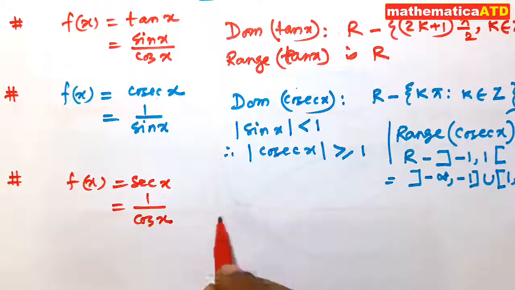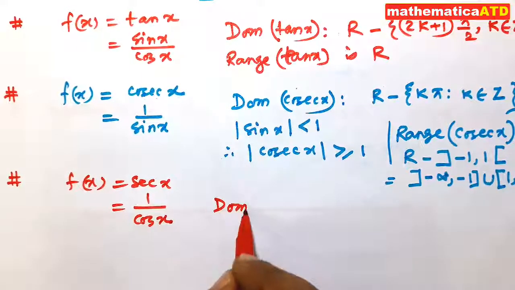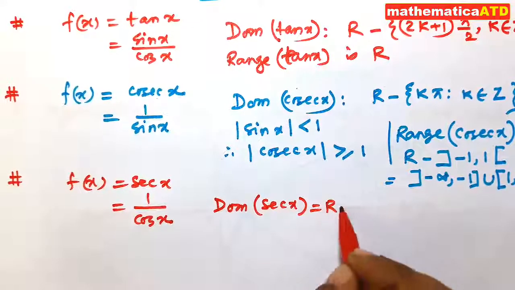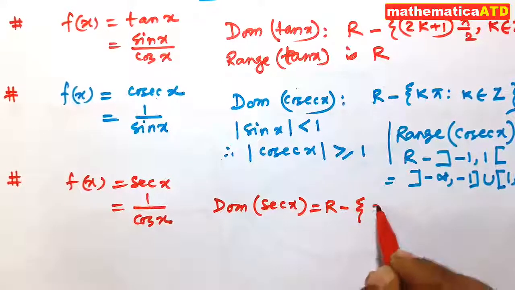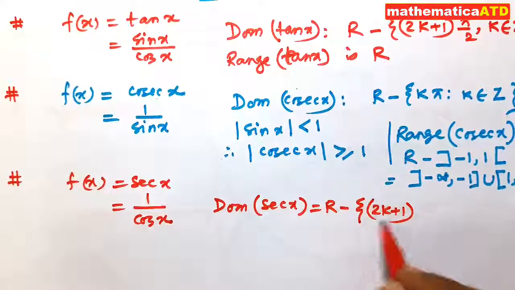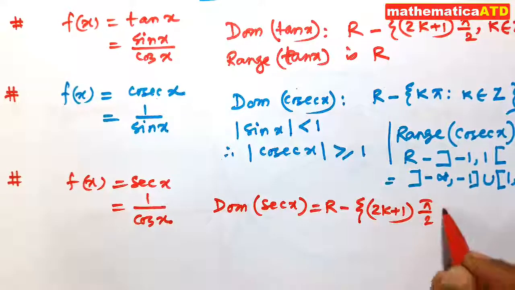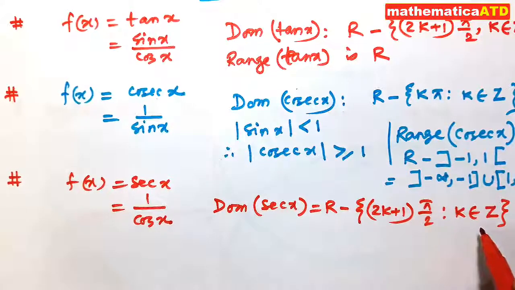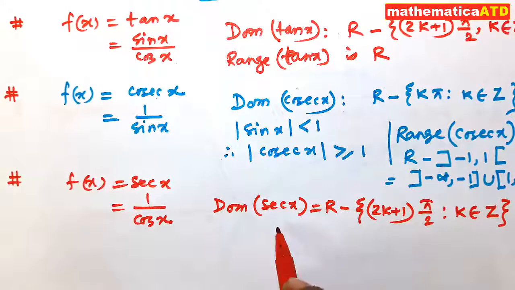So the domain of sec x is equal to R minus the odd multiples, that is (2k plus 1) whole pi by 2, such that k belongs to Z. Z means the set of integers. So this is the domain of sec x.